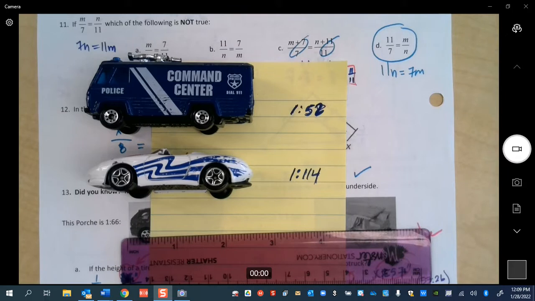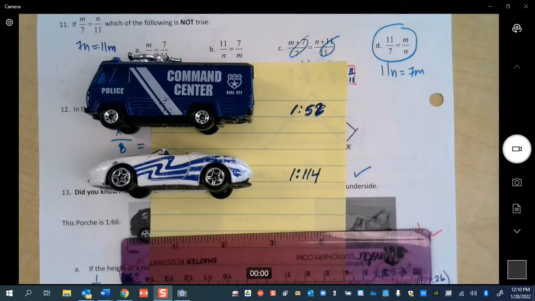50. Yeah? Here's 1, 2, 3. What do you think? 16. I'm going to go with 3.5. Let's talk about it this way.